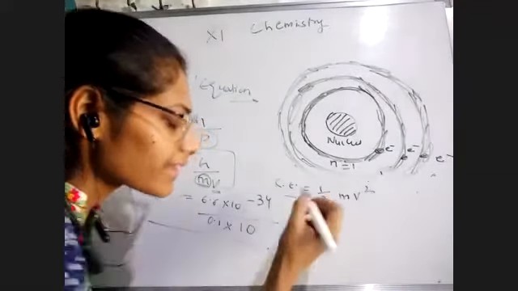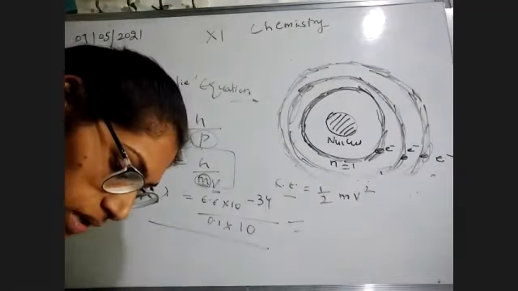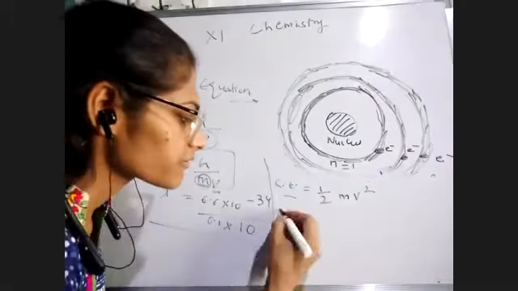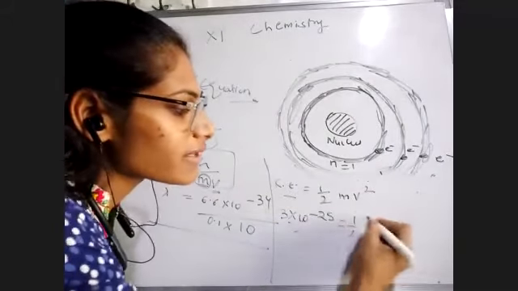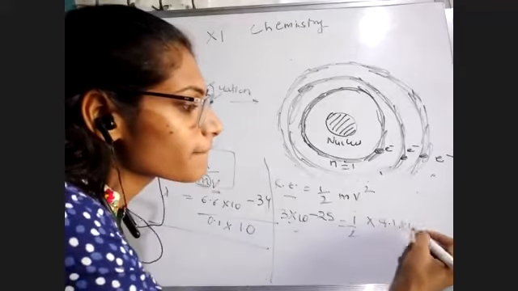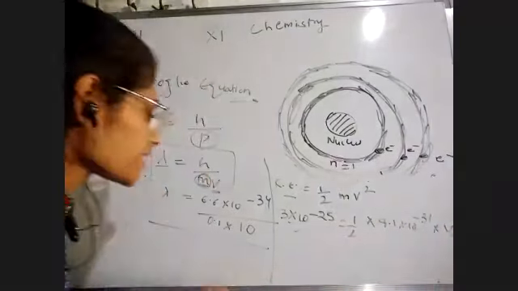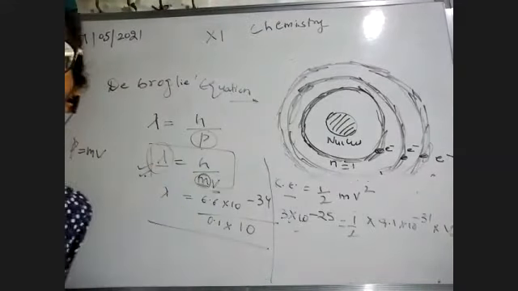Suppose the kinetic energy is given as 3 into 10 raised to power minus 25. This is another formula. Mass is given as 9.1. We can easily calculate v from here, and then we put it in this equation to get lambda, the wavelength.